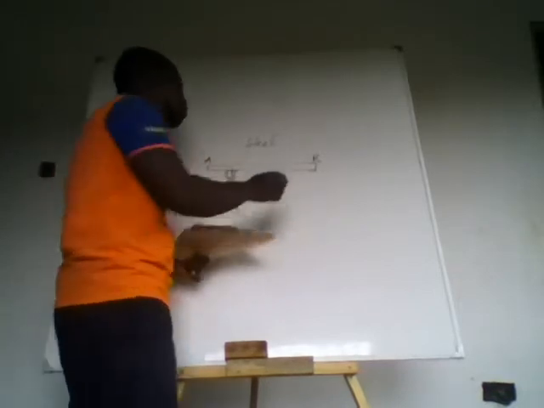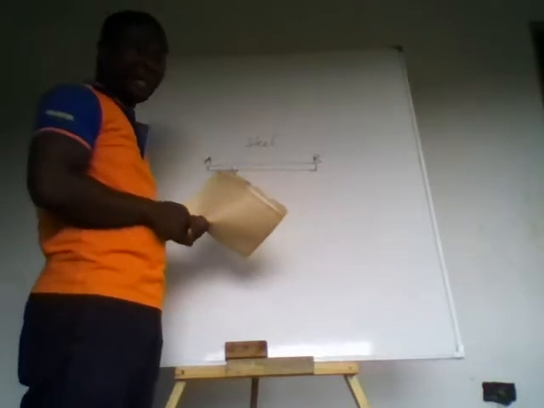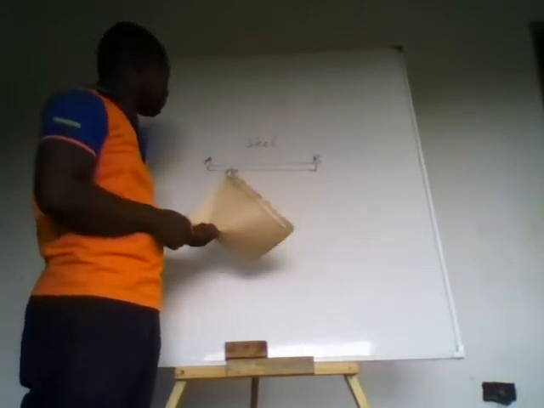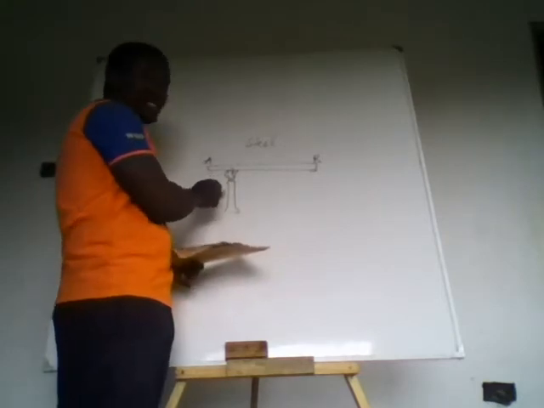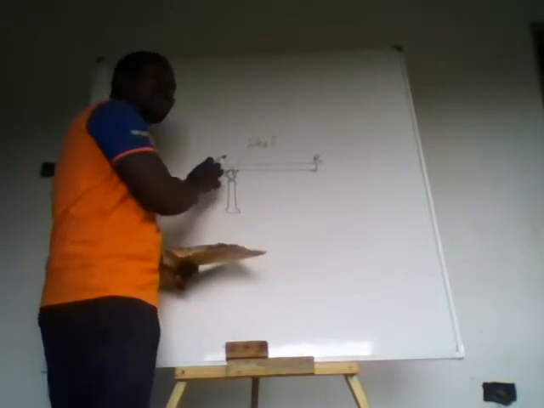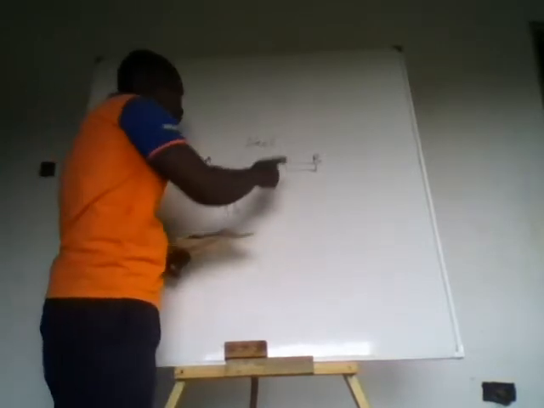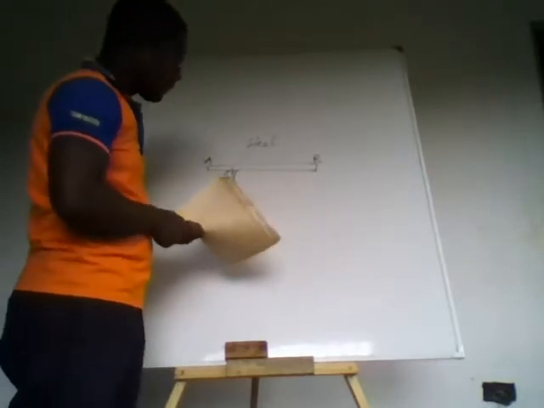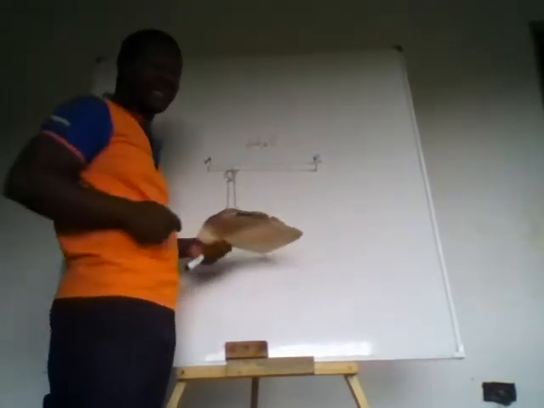Likewise, when we touch B, we will also be burnt by it. You can see that point A is closer to the Bunsen burner, and so when we touch it, we expect that it might be hotter than point B.